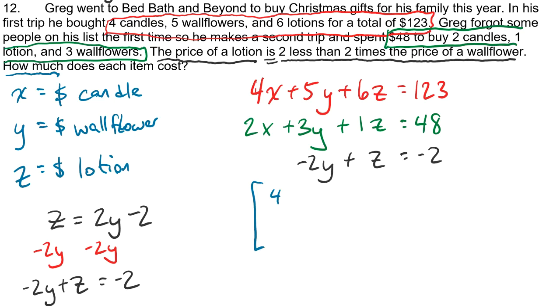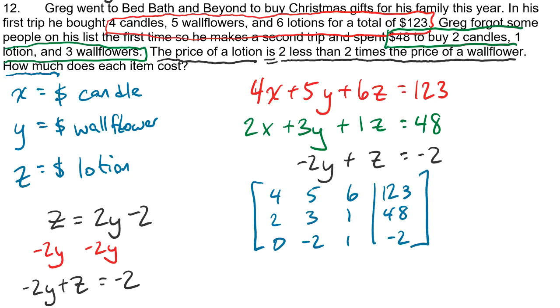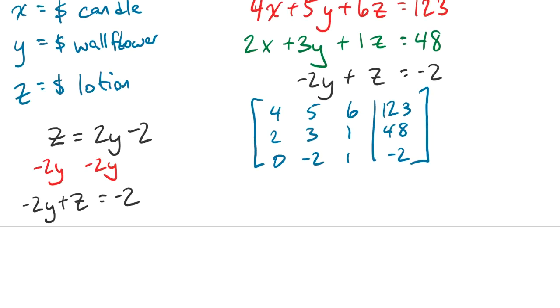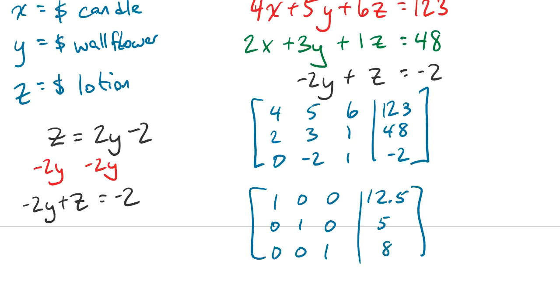So we're going to put that into our matrix. 4, 5, 6, 123, 2, 3, 1, 48, and 0, negative 2, 1, negative 2, with a 0 for the x because there are no x's there. All right, put that in your calculator. You're going to end up with 1, 0, 0, 12.5, 0, 1, 0, 5, and 0, 0, 1, 8.